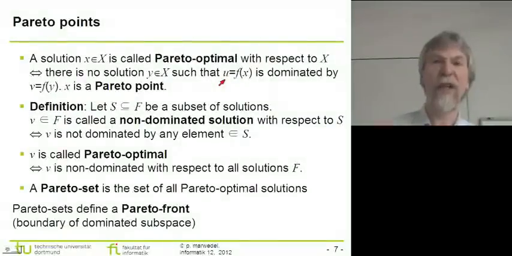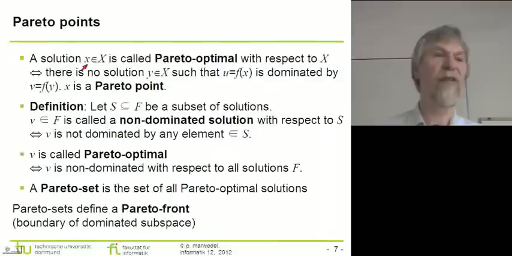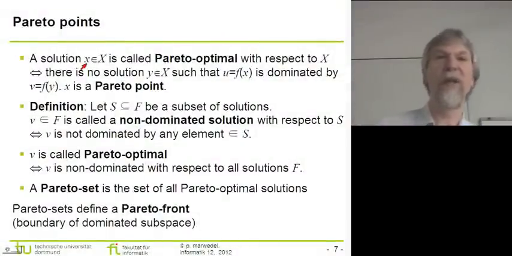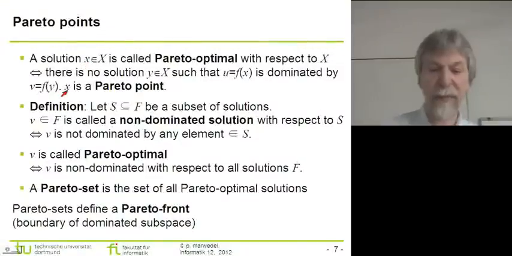So that means a certain design point X is optimal if in the entire design space we don't find any other design that would dominate our design X.